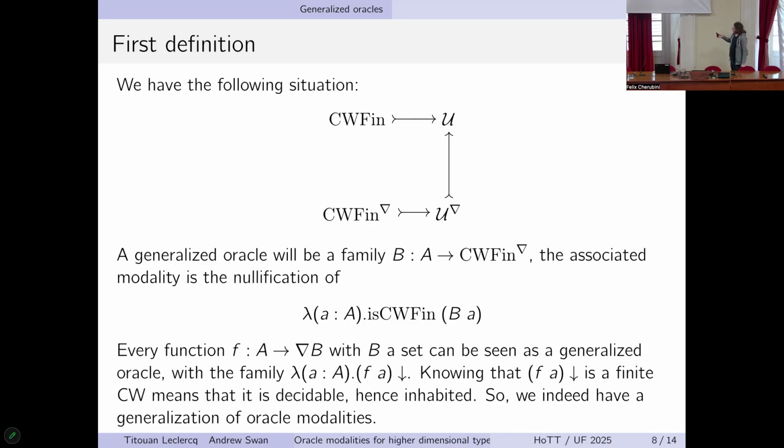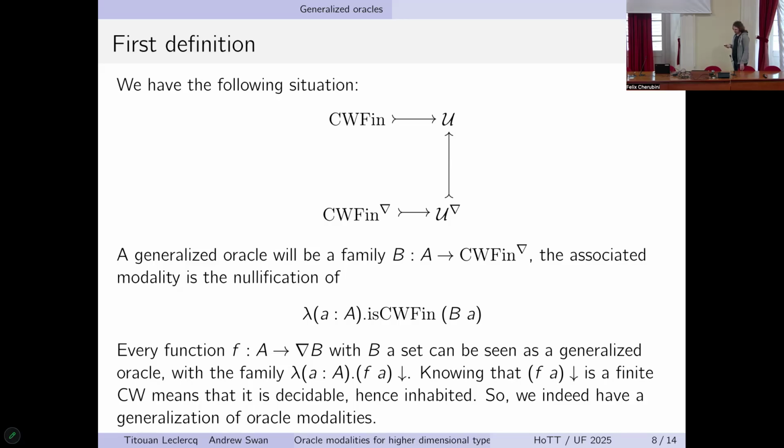So first, it is indeed a generalization, so we can express what we had at the beginning. A small remark is that when we take the function f from A to nabla B, and consider the fact that f of a is defined, it's not always a proposition if B is not itself a set.